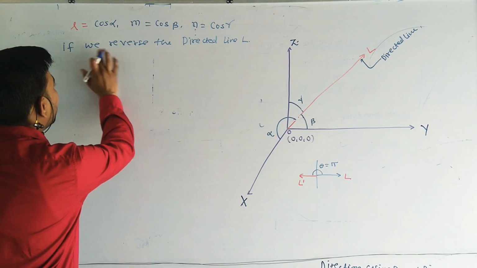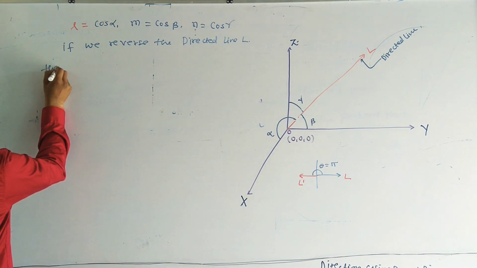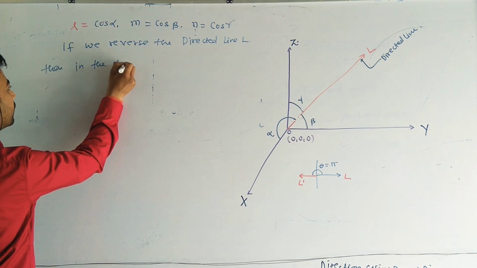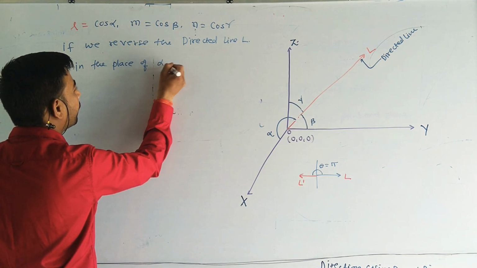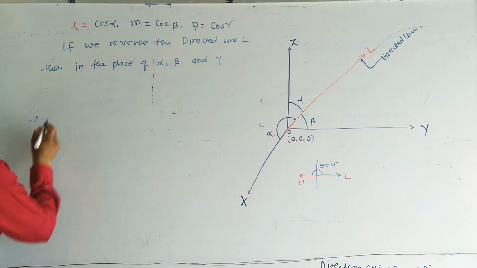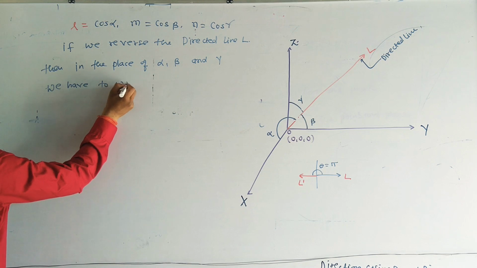So if the reverse line, directed line is L dash, then in the place of alpha, beta and gamma, what do you have to write?